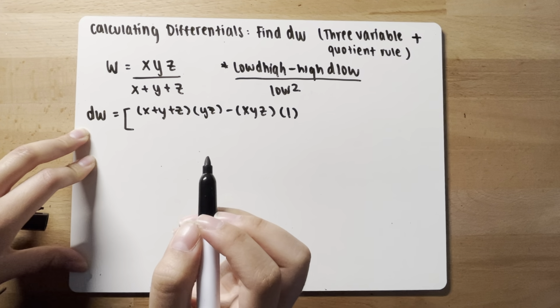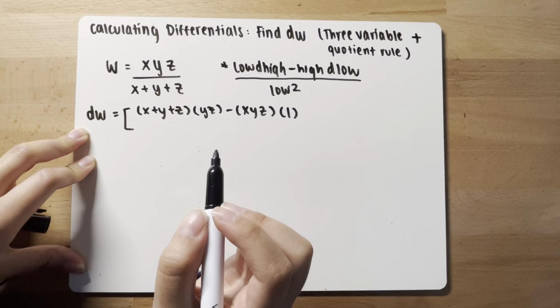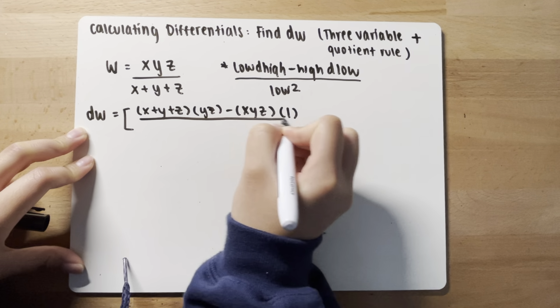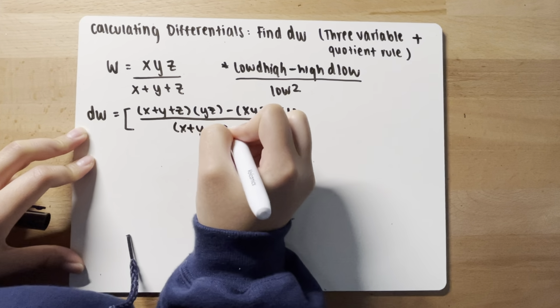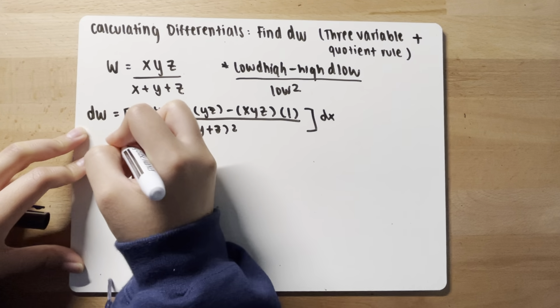Because when you derive in terms of x, you regard the other variables as constants, and the derivative of a constant is 0. You do that over low squared, which is x plus y plus z squared. This will be for dx.